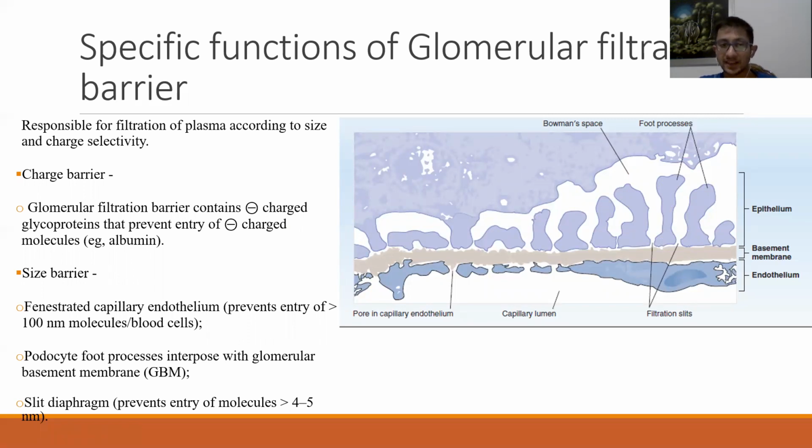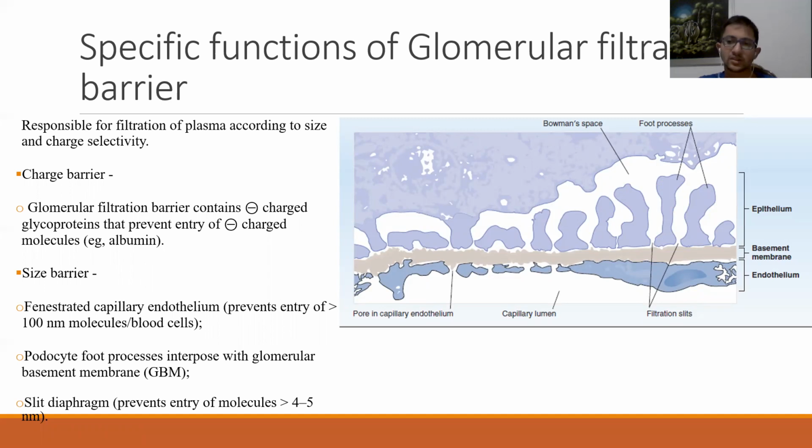And then we come to the size barrier, and you have three main parts that contribute to the size barrier. That's the fenestrated capillary endothelium, and this is the cutoff. If anything is greater than 100 nanometers, it won't allow it to pass through. That definitely includes blood cells, because say a red blood cell is around 7.5 micrometers in diameter.